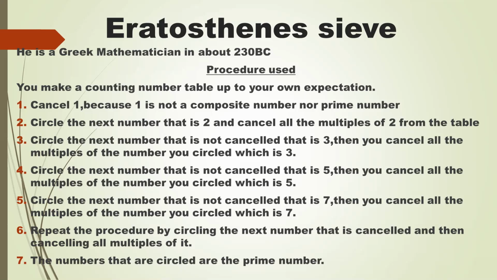The name of this mathematician is Eratosthenes, and the process is called the Sieve of Eratosthenes. He was a Greek mathematician about 230 BC.